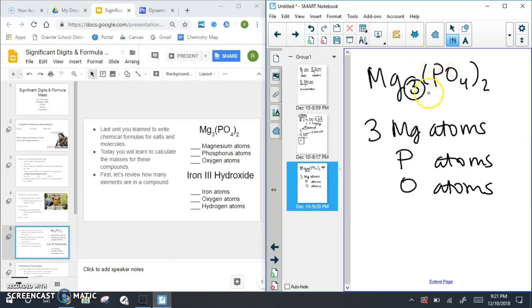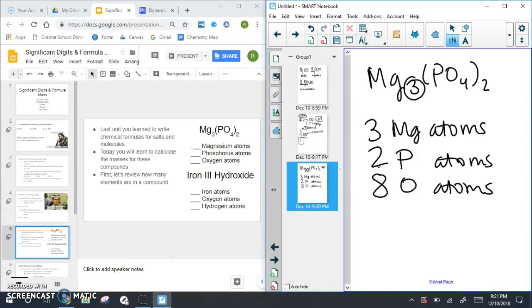Okay, I don't see a subscript by P, so it looks like there's only one of them, but there are 2 of these phosphate groups. So there's 2 phosphorus atoms, 1 from each group, and then oxygens. There are 4 oxygens in this, but notice there's a 2 outside the parentheses, meaning that we have 2 of those groups. So we actually have a total of 8 oxygen atoms in this.